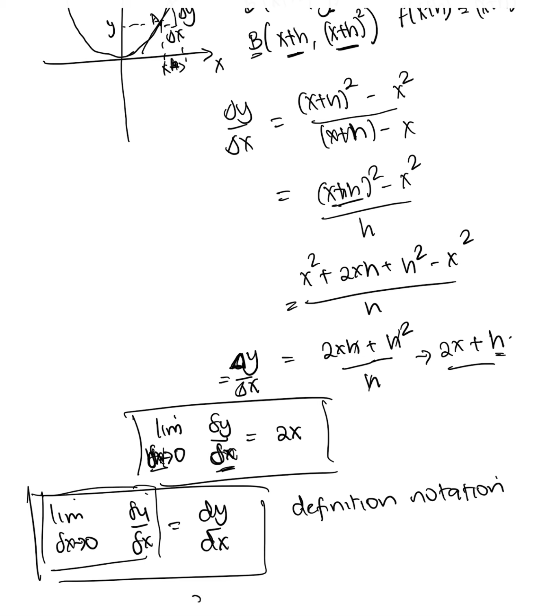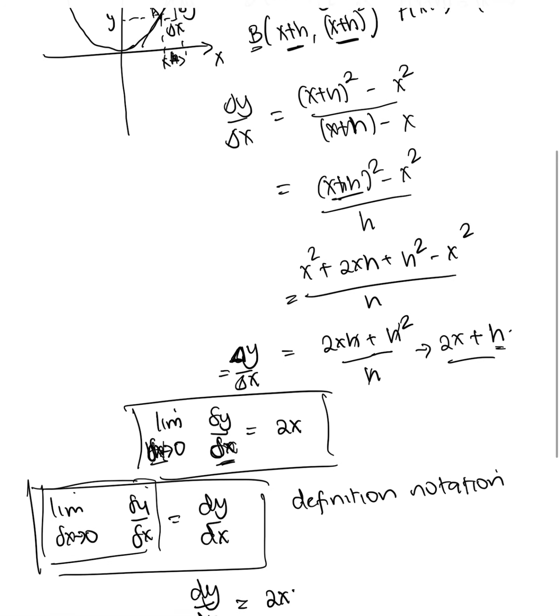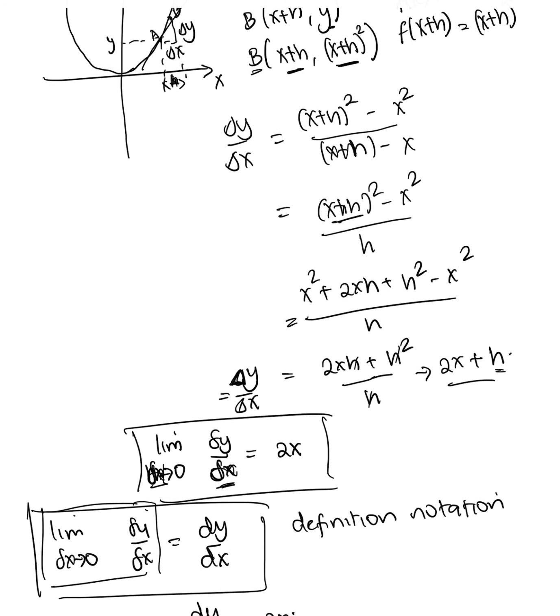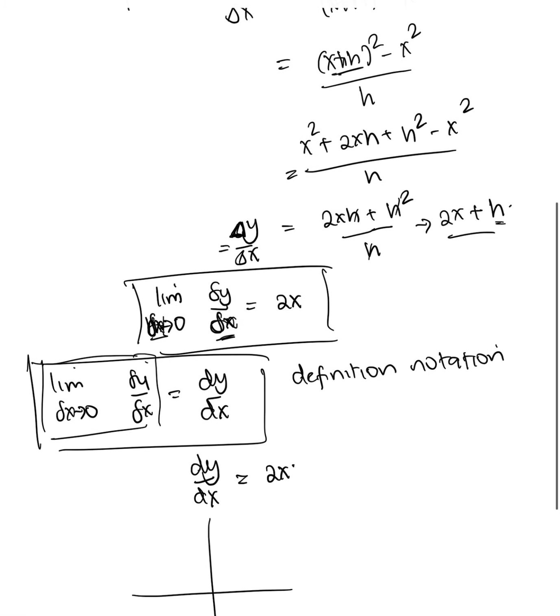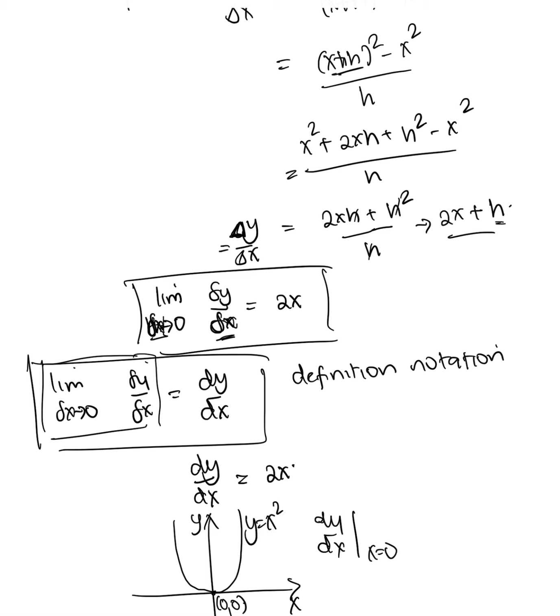Okay, so dy by dx of y equals x squared equals 2x. What does this mean? It means that the gradient is 2x. So at a point where, for example, here, where it is 0, 0, dy by dx at x equals 0 of this y equals x squared function, it's 2 times 0, which is 0.